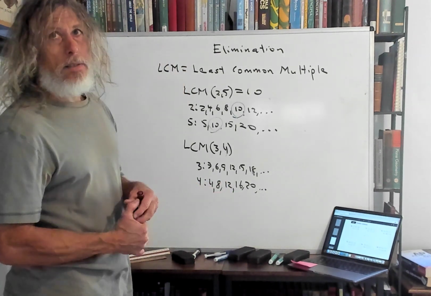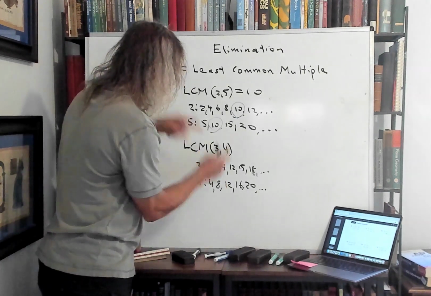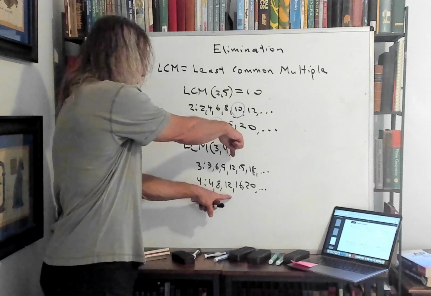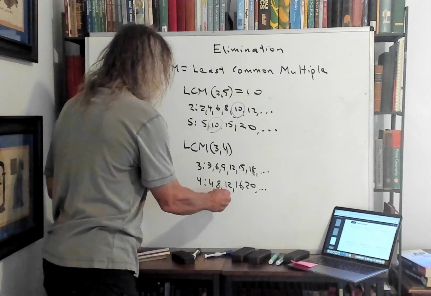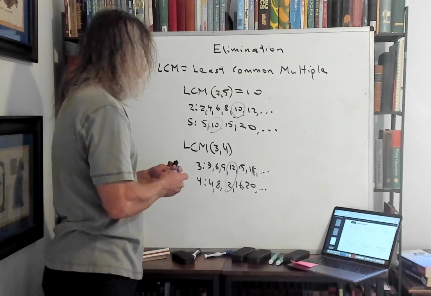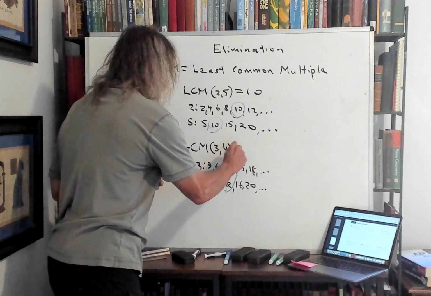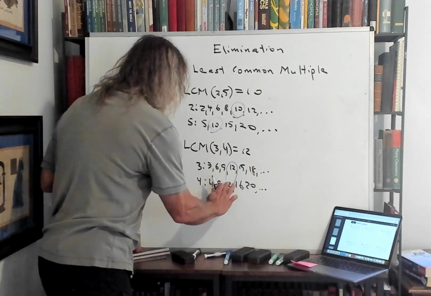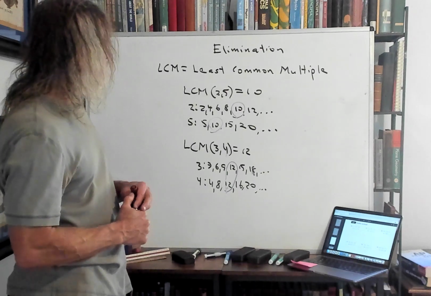Okay, and then we look and see what's the smallest they have in common. What's the first one in the list? 12. That's the first one. They have the same. So 12 is our least common multiple. That's how we do that. Least common multiple is 12.